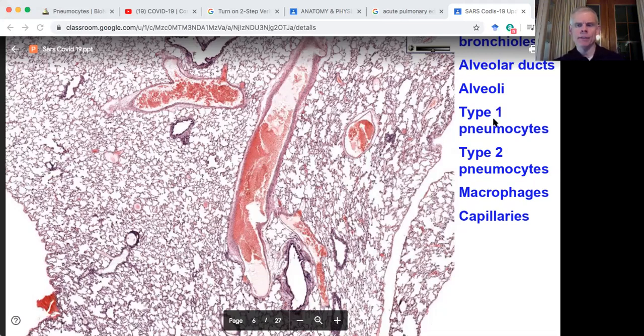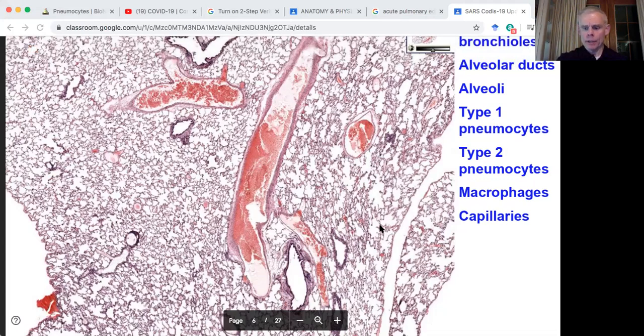They're a very thin squamous cell through which the gas exchange can take place. The type 2 pneumocytes are specialized for the production of a molecule called surfactant, and we'll see in a few moments its particular role in our story.